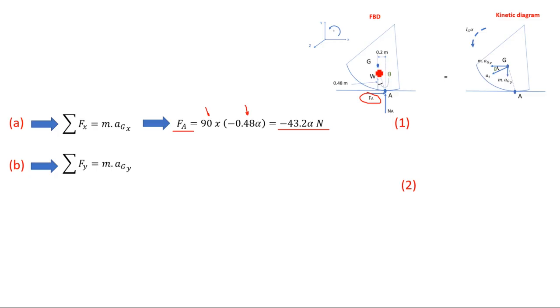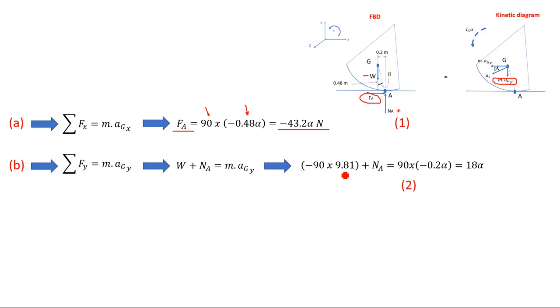Now we're going to do the same thing for the y direction. In the y direction, we're going to have the weight negative and the Na positive. That's what we have in the free body diagram, while here we're going to have the negative Magy. So we're going to write that down and substitute the values for the weight, which is equal to the mass multiplied by 9.81, and here the mass multiplied by the acceleration in the y direction, which should be equal to negative 18 alpha.